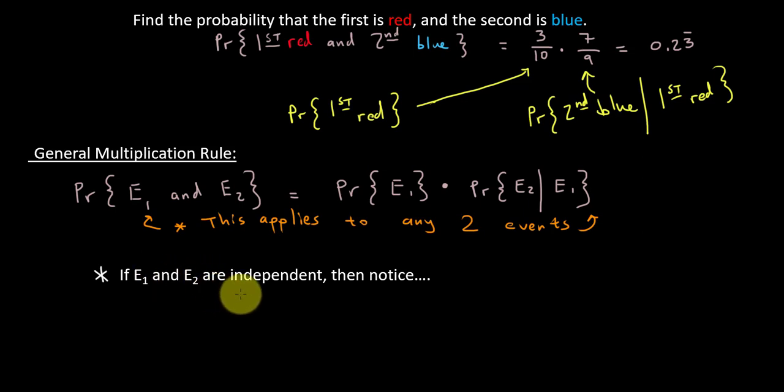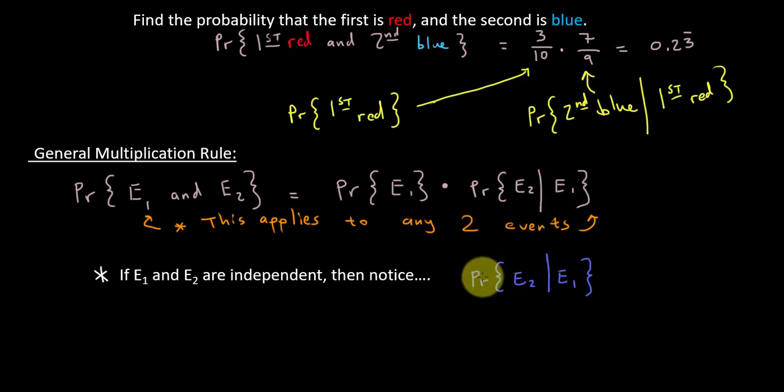If our two events of interest are independent, then notice that this quantity, the probability of E2 given E1, that's this business right here.